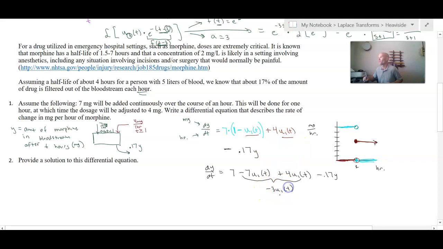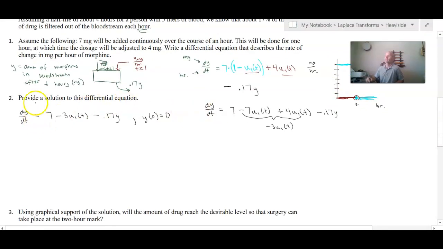Remember, u1 is just a function, just a variable for all intents and purposes. And now I just have to solve the differential equation dy/dt equals 7 minus 3u1 of t minus 0.17y, with initial condition y of 0 equals 0. So we assume that the person does not have any morphine in their bloodstream at the start of infusion.